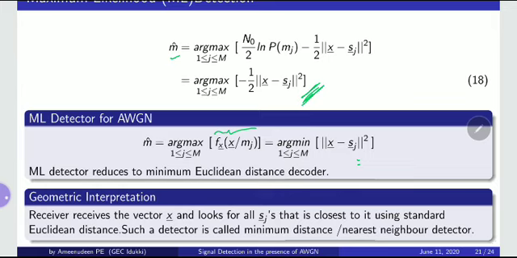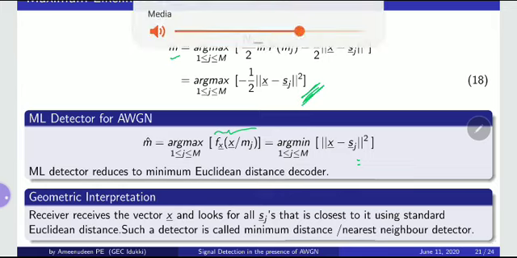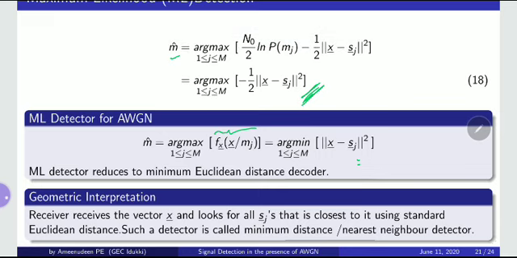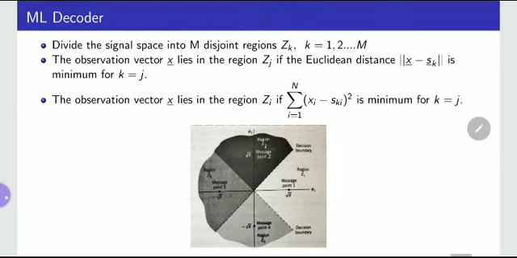So that is ML detection. Such a detector is called the minimum distance or the nearest neighbor detector. So the ML detector in AWGN is the minimum distance or nearest neighbor detector.